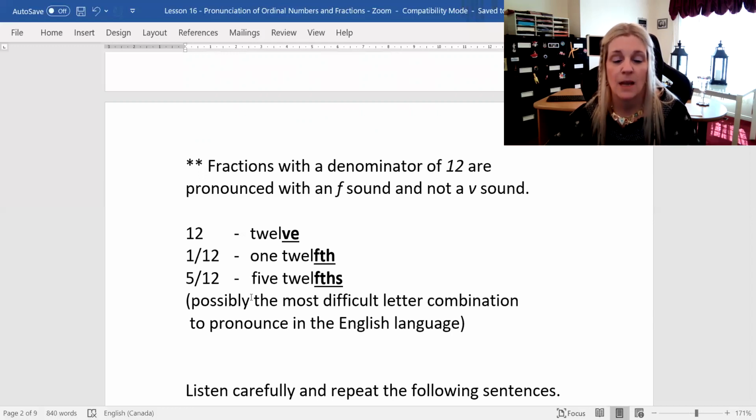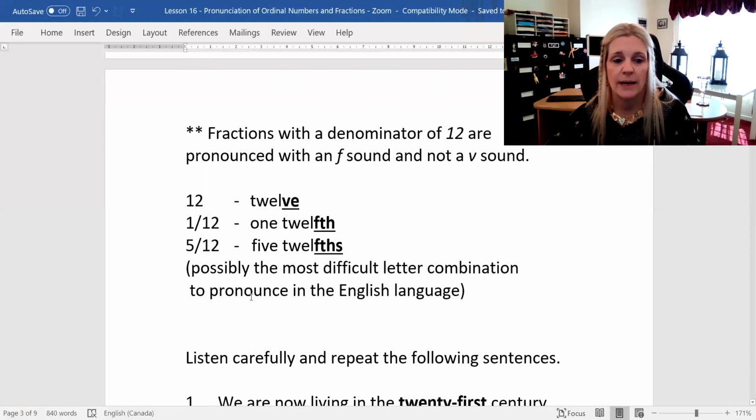5/12. Now I made a little note here and I said possibly the most difficult letter combination to pronounce in the English language. I think it may be. We have to pronounce the F sound, the TH sound, and the S sound, all together very quickly.